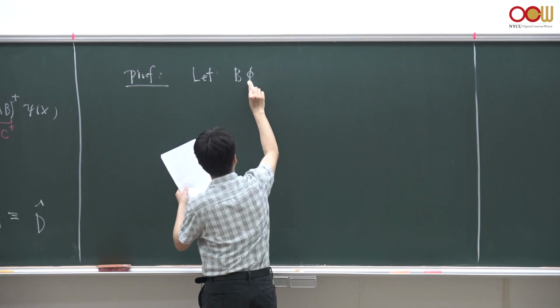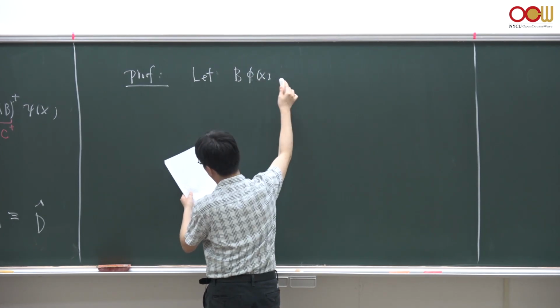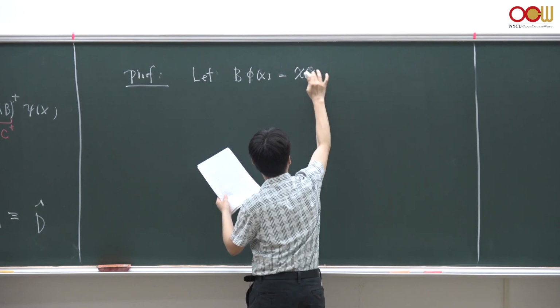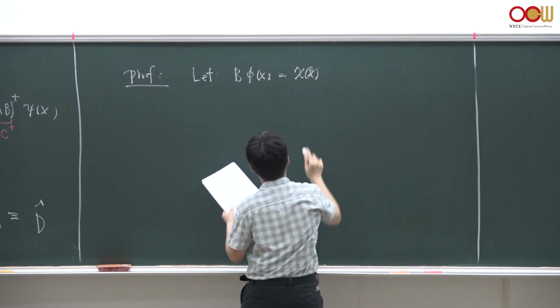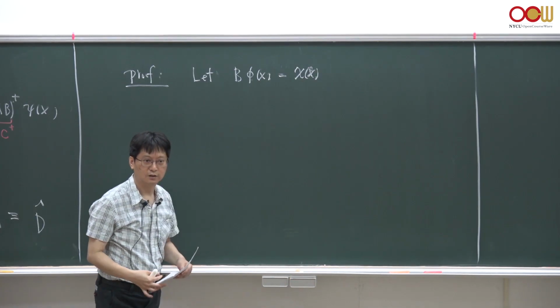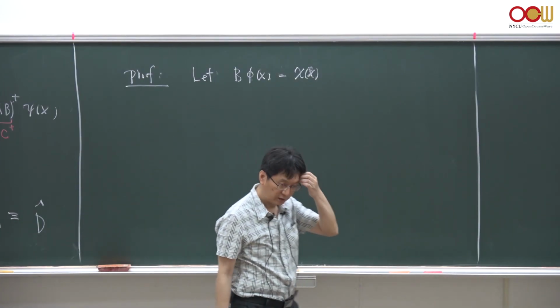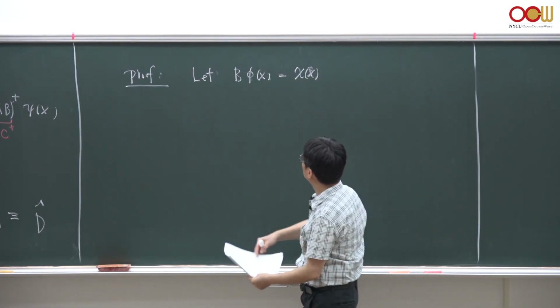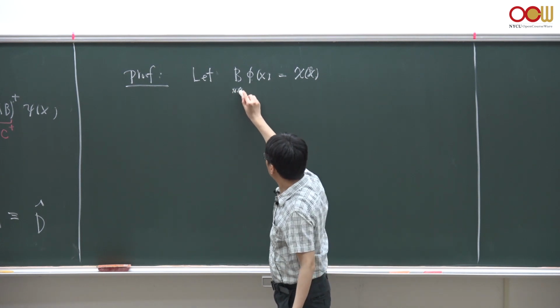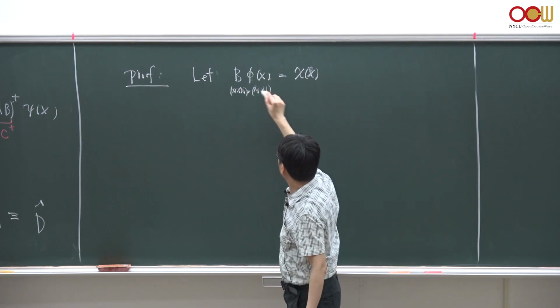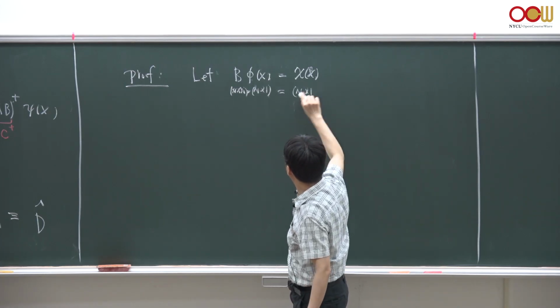Assume that when B acts on this phi, I get some other state, which I call chi of x. As I mentioned, if you understand all this quantum mechanical operation as matrix products, you know very well that an n by n matrix acting on an n by 1 gives another n by 1.